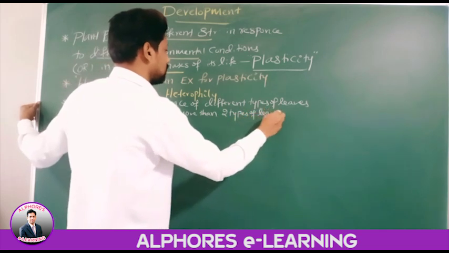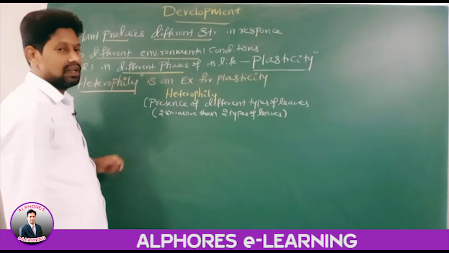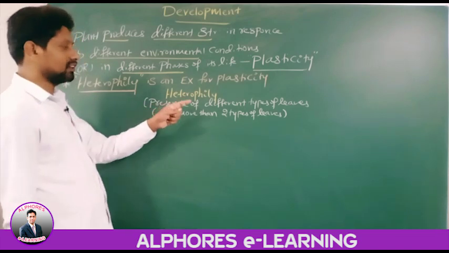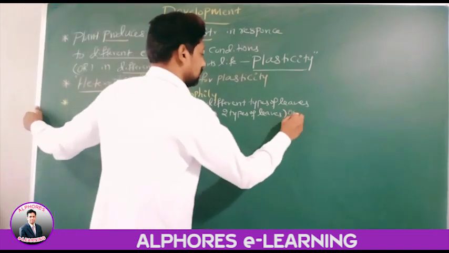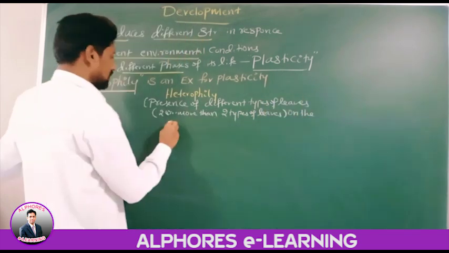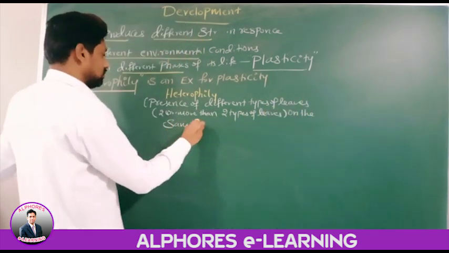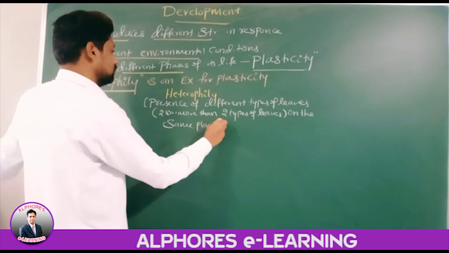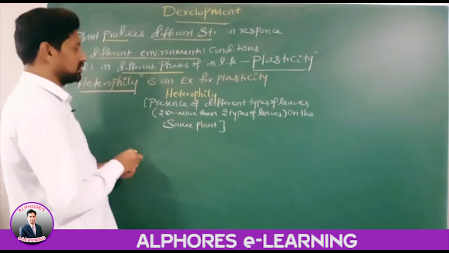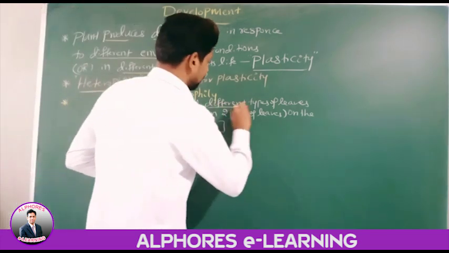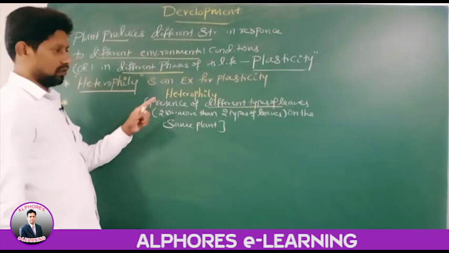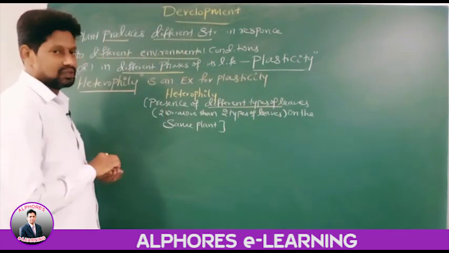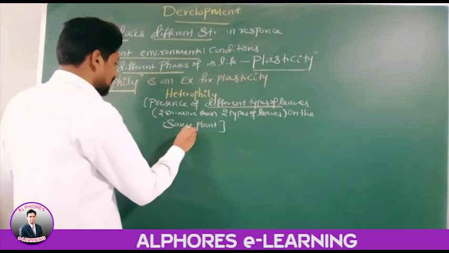Therefore, presence of different types of leaves where? On the same plant. On the same plant you are going to see different types of leaves, that is two or more than two types of leaves. It is called as what, sir?